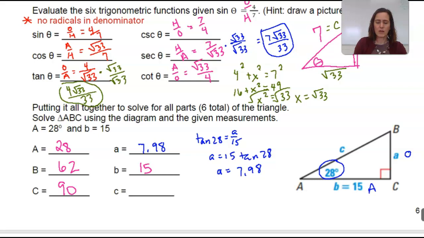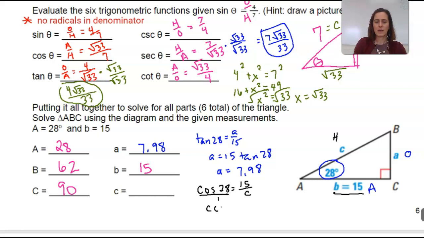Then let's go ahead and solve for C. C is the hypotenuse. So I'm going to use my given length, which is my adjacent, to my hypotenuse. So this time we have cosine of 28 is equal to 15 divided by C. We can cross multiply.